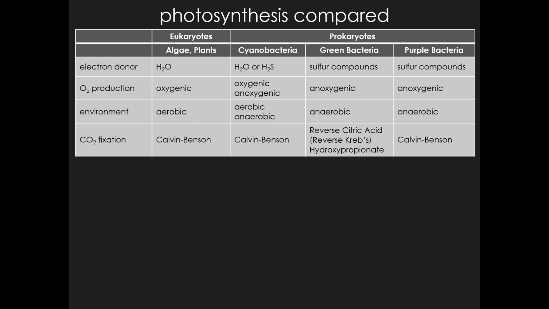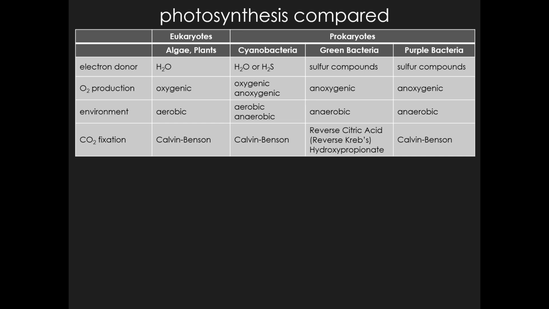Because they use sulfur compounds, they are anoxygenic phototrophs. They live in anaerobic environments, and in fact, for most of them, their pigment production is inhibited by the presence of oxygen, and so they will not grow in an aerobic environment at all. And they either use the reverse citric acid cycle, which is the reverse of Krebs, or the hydroxypropionate pathway. Then we have the purple bacteria, which again, there are purple sulfur and non-sulfur bacteria.